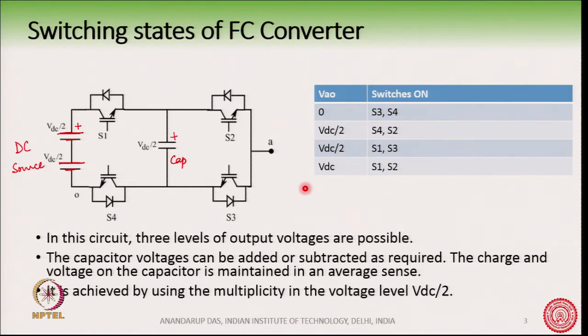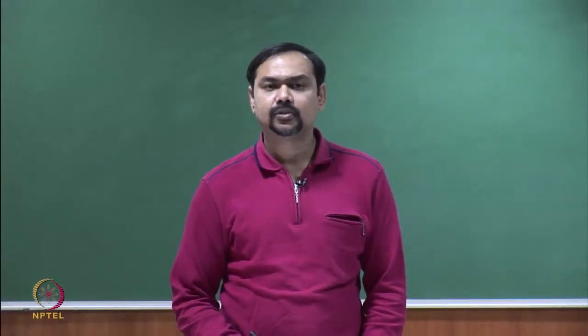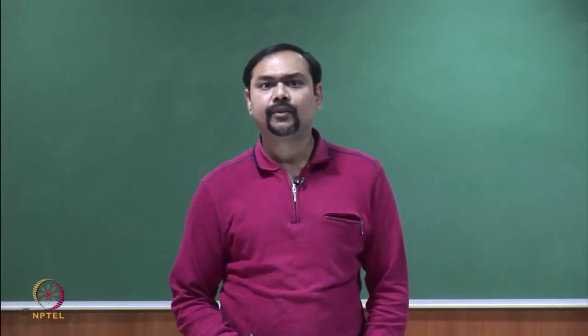So, we have to apply these two voltage states by using the two multiplicities, and thereby it is possible to maintain the capacitor voltage. We have to go on doing this all the time, so as to keep the capacitor voltage at VDC by 2.